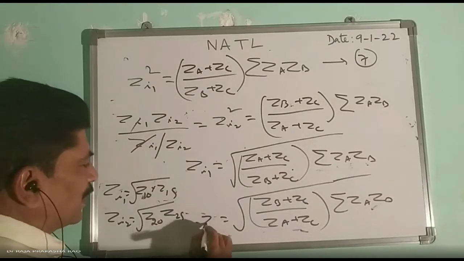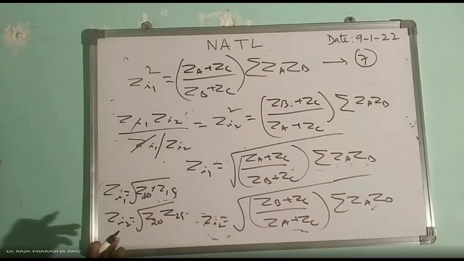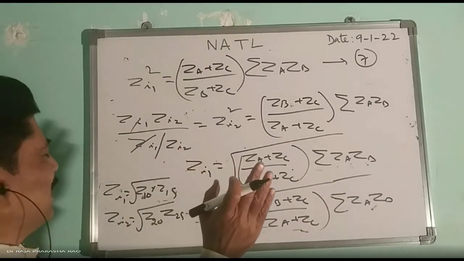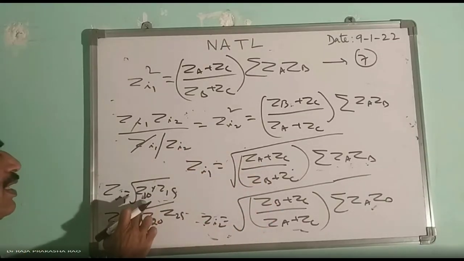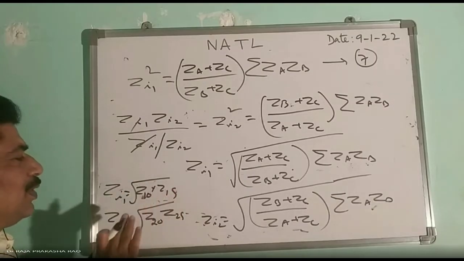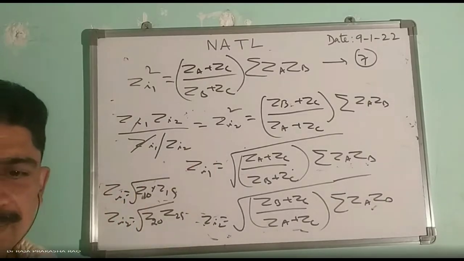By using this formula also we can find out. For the T-type two-port network, first find Z10 and then Z1s, multiply those two and put it under the root to get Zi1. That method also we can use.